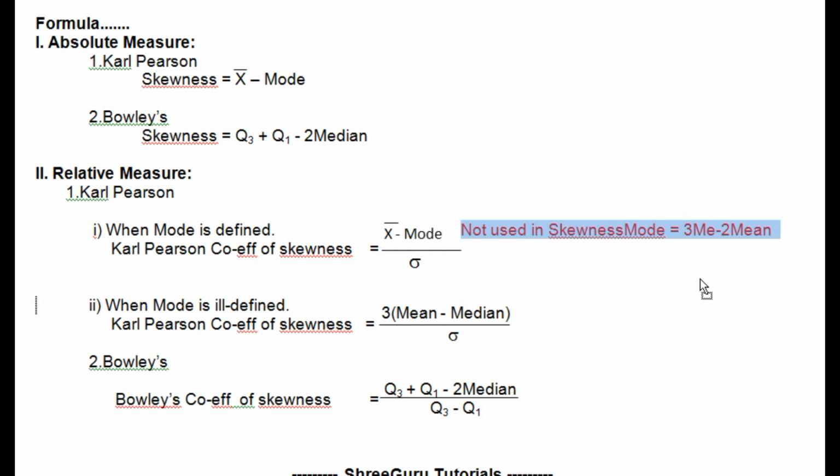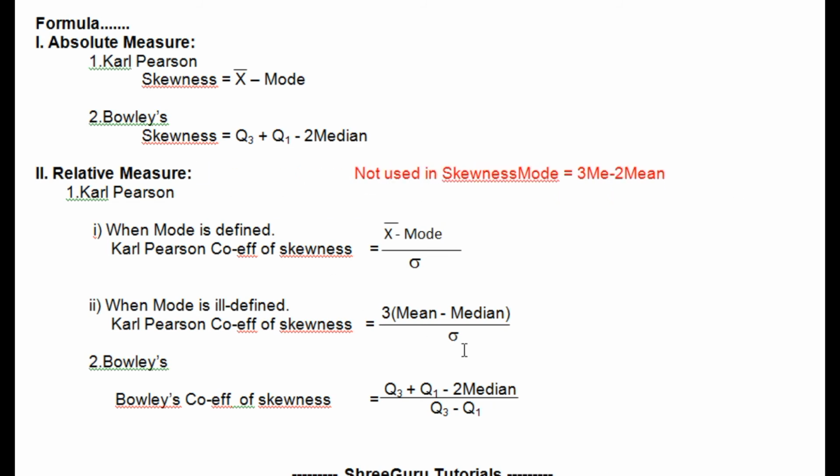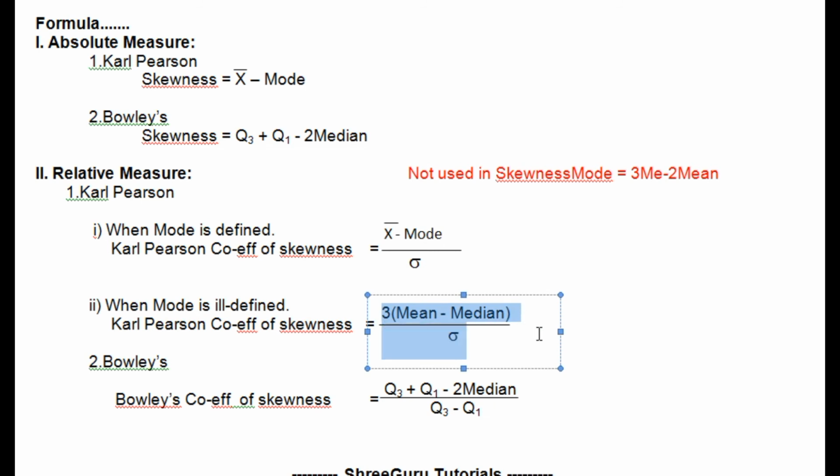Instead of this, you need to use this formula. I will paste it here now. So this formula is not used. Then which formula is used when the mode is not possible? This was the appropriate formula for this chapter only, skewness. In case of skewness, if mode is not possible to find, don't use this formula, use this formula. Clear? In any other topic, if you are not getting the mode, then this was the universal formula.